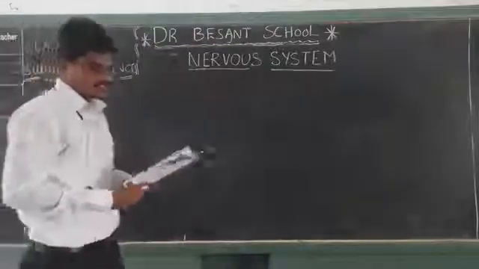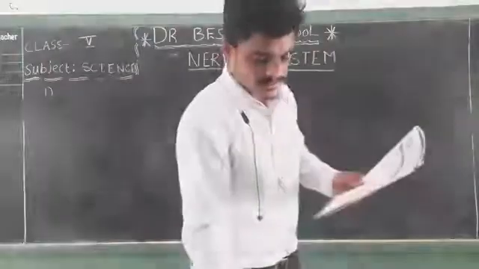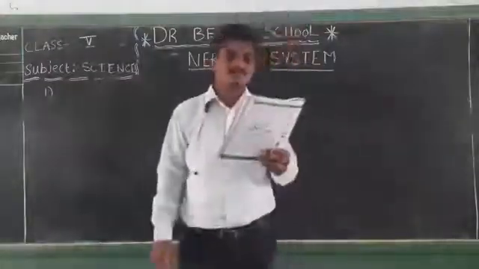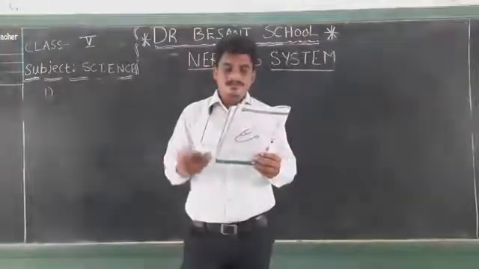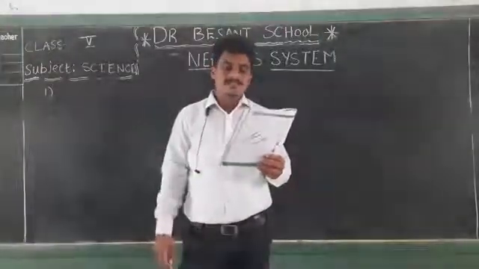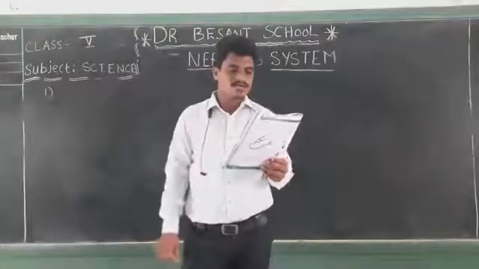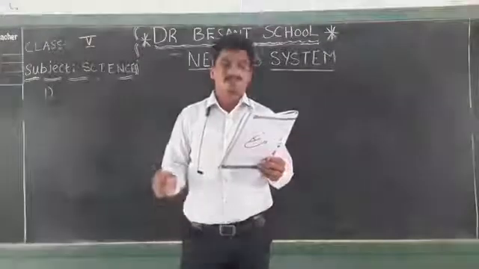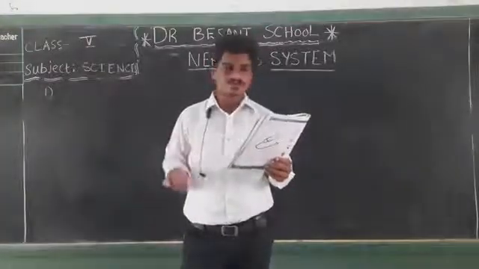What is the first one? Which of the following is long and thin and starts from the lower part of the brain? Please tell me, which is long and thin like a pipe and starts from the lower part of the brain? Yes, here B, spinal cord. A, food pipe, is not correct.